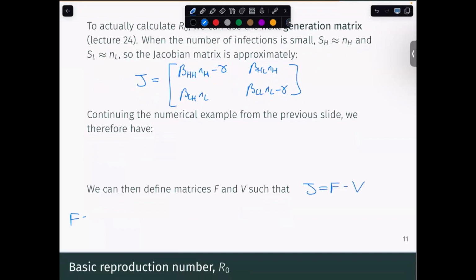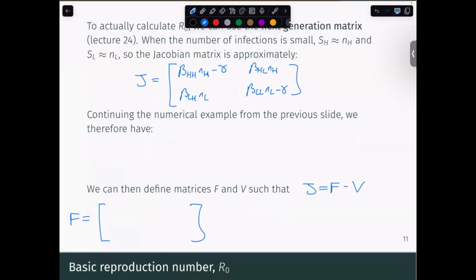And our F matrix is going to be what? Well, remember, this F matrix is just new things, new infections in this case. So we go through this matrix and we pick out all of the terms that correspond to new infections. Note terms, not elements of this matrix.